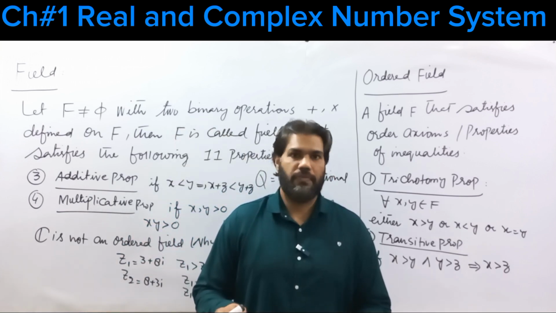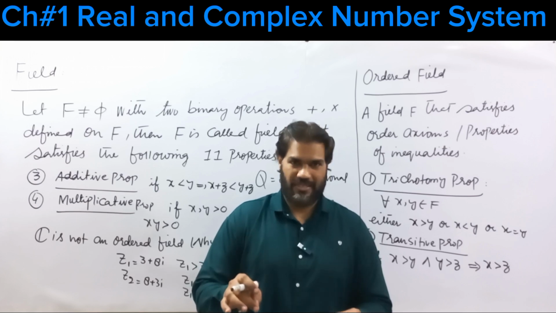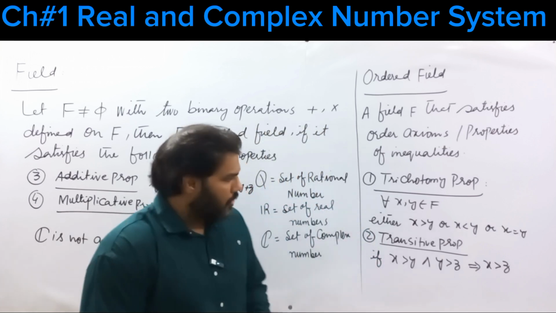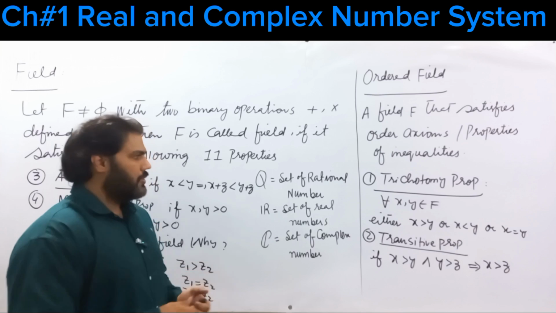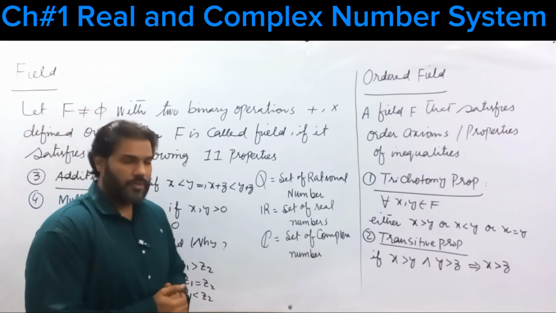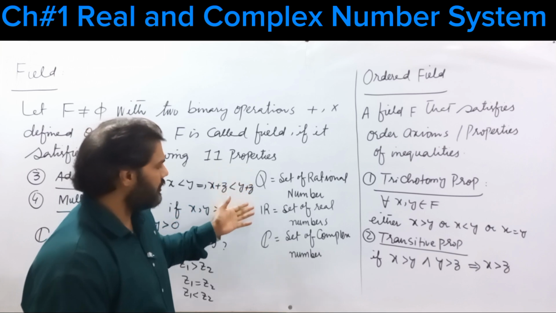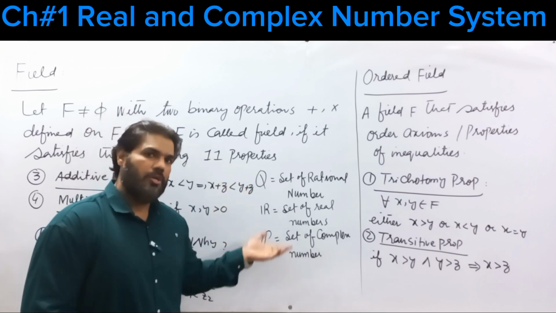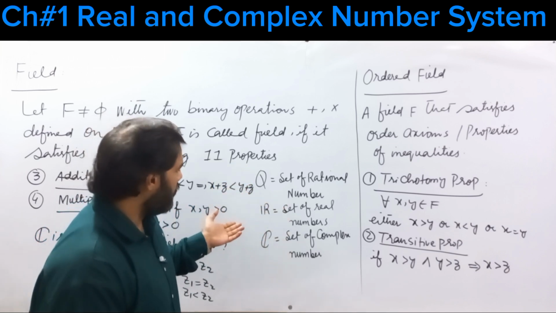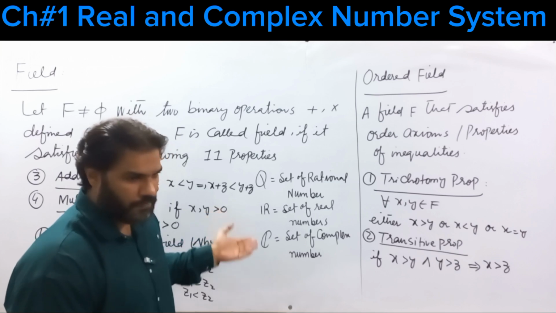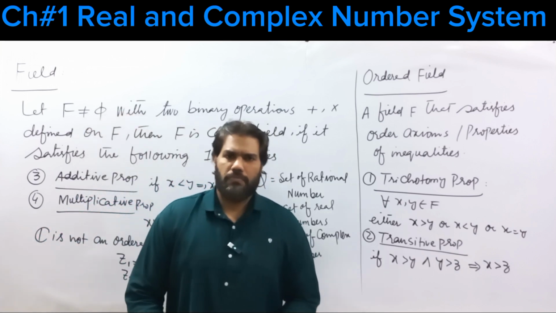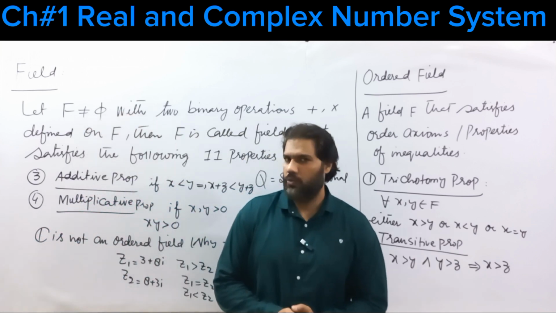We cannot define an order on complex numbers. So only two fields remain that are ordered fields: one is the rationals and the other is the set of real numbers. Both of them are ordered fields. So this is the short and simple lecture about fields and ordered fields.